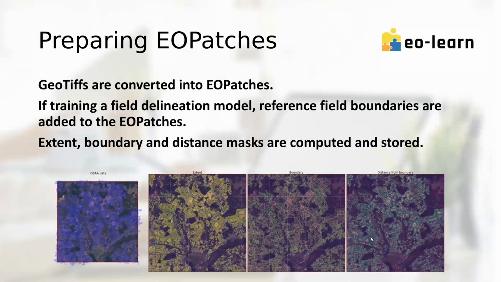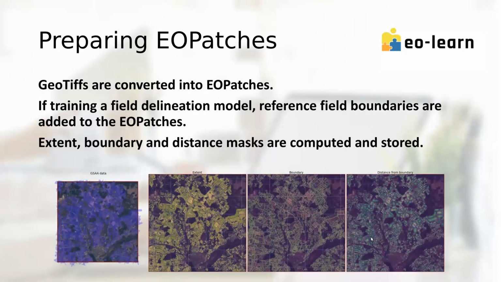Because Batch API downloads the data in the form of geotiffs, but we find it easier to work with EOPatches because we can store all the data that is associated with that area in the EOPatch, so the bands, the raster masks, the vector data, and so on.